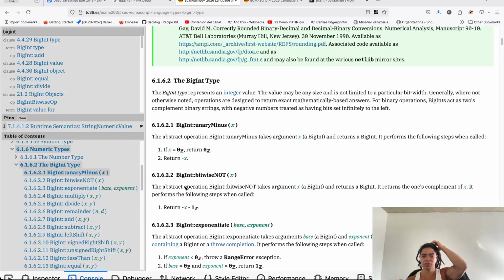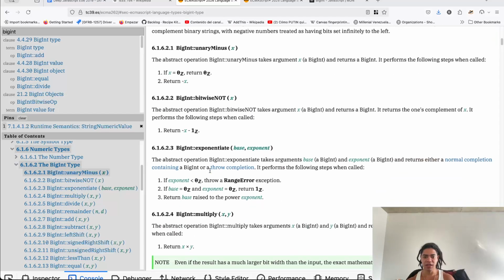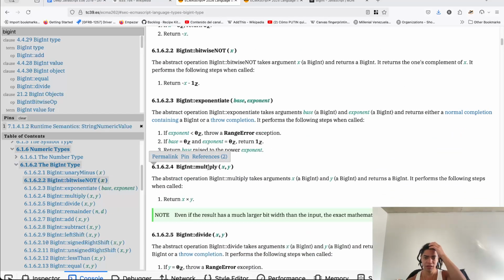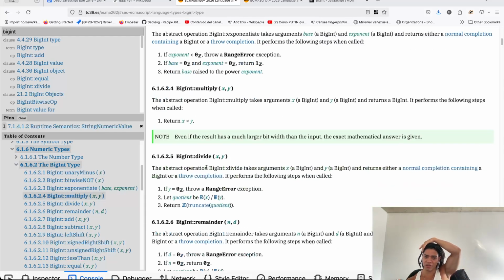Unary minus, BigInt bitwise NOT, exponentiate, multiply, and return a BigInt. This is part of the type system. Interesting. Even if the result has much larger bit width than the input, the exact mathematical answer is given.